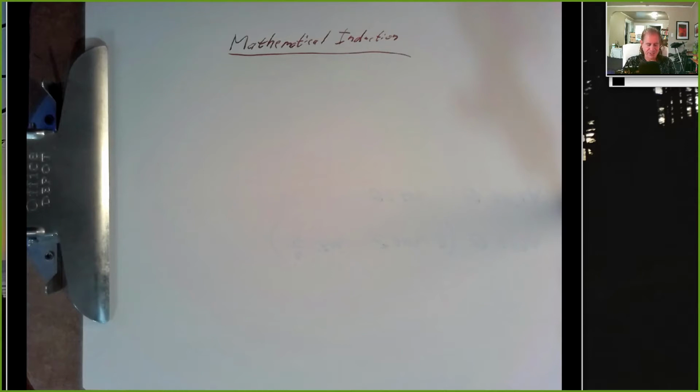And this is something that feeds into computer science and programming. When you write an algorithm that you believe is going to work in a number of cases, a lot of times you're using an inductive proof in your head to convince yourself that this code is correct. So we want to make that a little more formal.